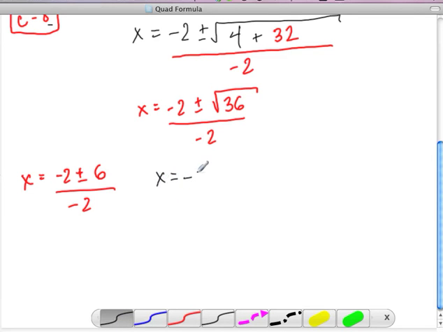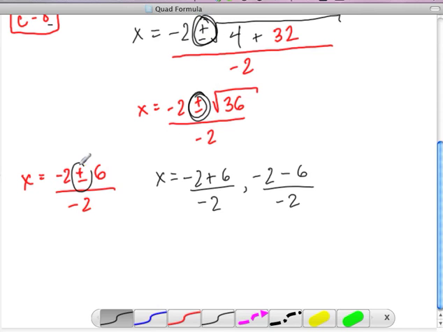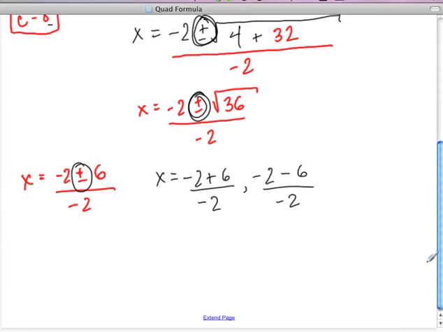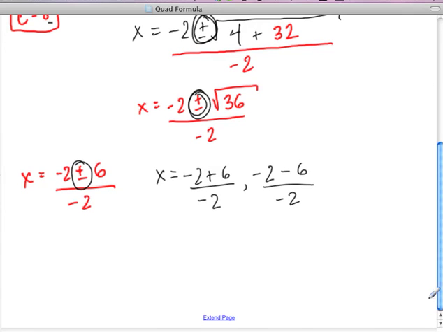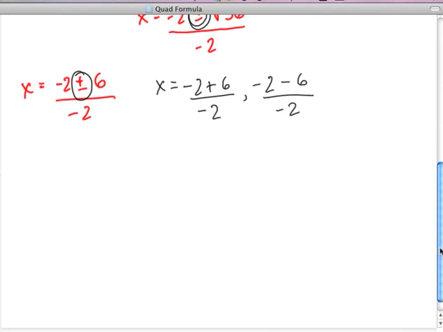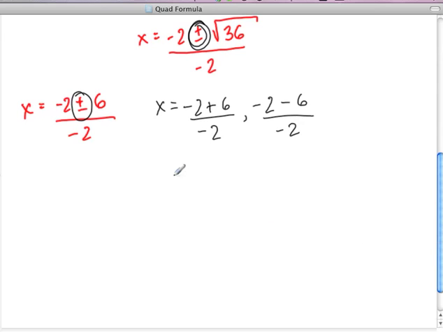X equals negative 2 plus 6, negative 2 minus 6. Okay, because the whole time I've been saying plus or minus, and I have to do both. So I've got x equals negative 2 plus 6.